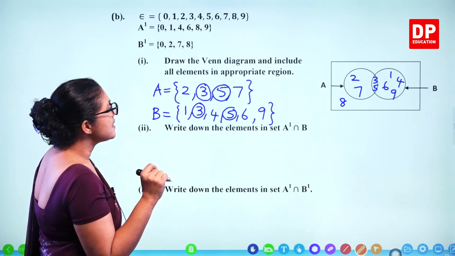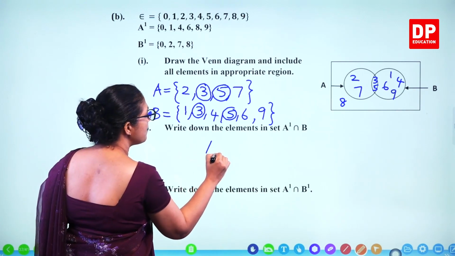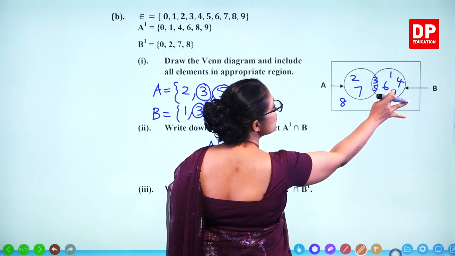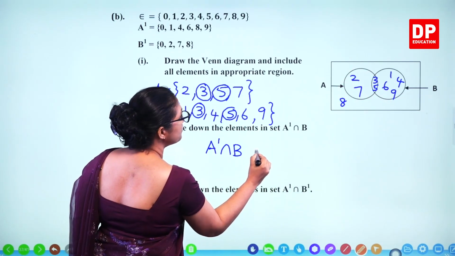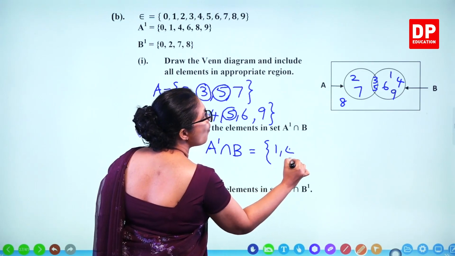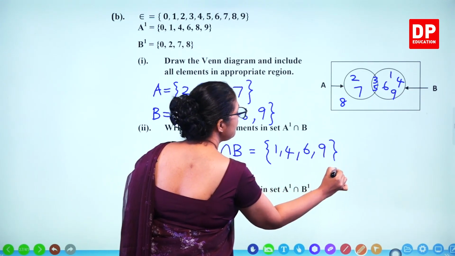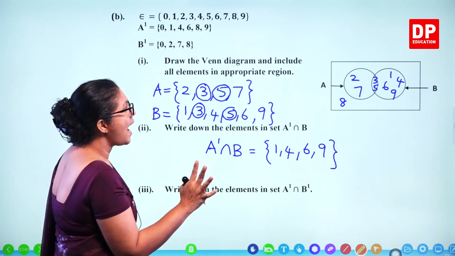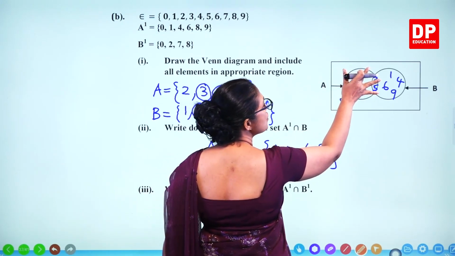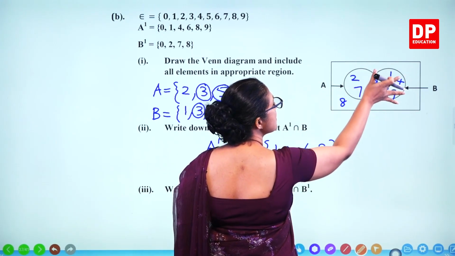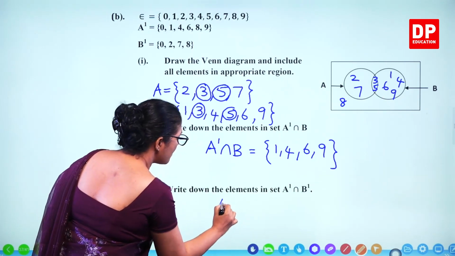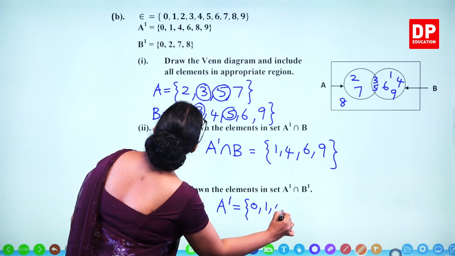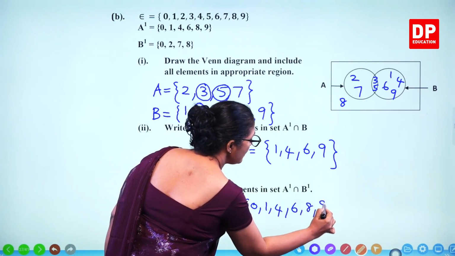Write down the elements in set A dash intersection B. That means outside A but intersects with B. 1, 4, 6, 9. And the other one, write down the elements in set A dash intersection B dash. So we'll write down separately. What is A dash? That's 0, 1, 4, 6, 8, 9.